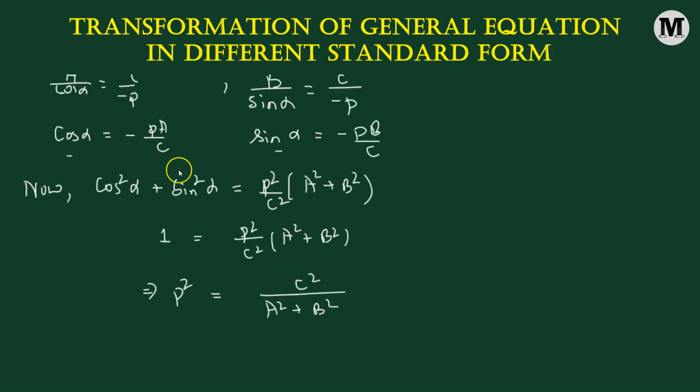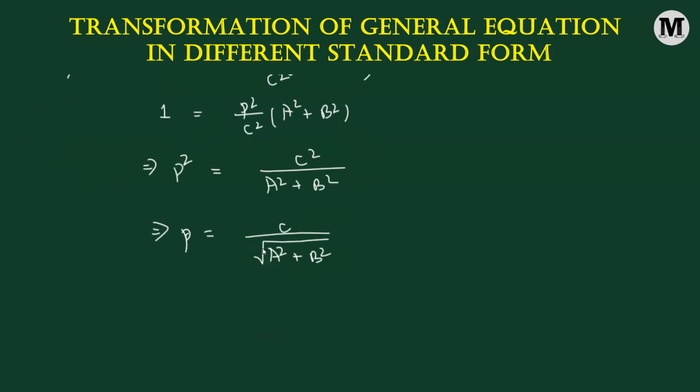So let's do one thing. Let's substitute this, and this is going to help us obtain the value of cosine alpha as well as sine alpha. So cosine of alpha, we got it as negative p times a over c.